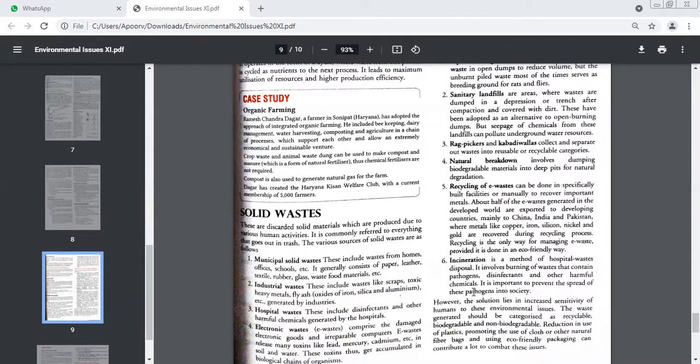Now we move on to the most complicated heading, that is recycling of which waste? E-waste. E-waste is generated maximum in which countries? Developed countries. These developed countries export the e-waste to developing countries like India, China, Pakistan. And what do we do with this waste?